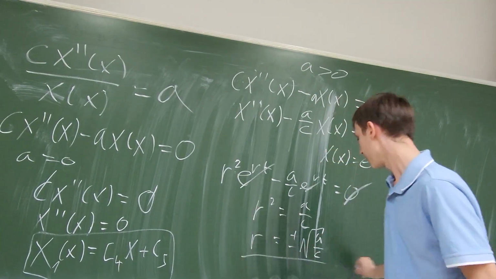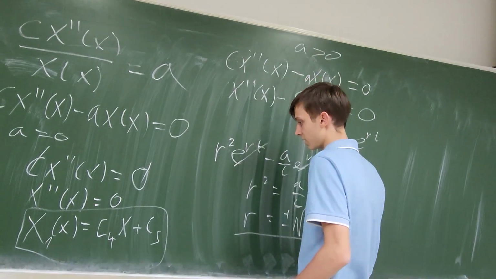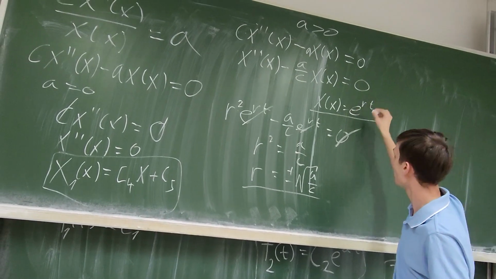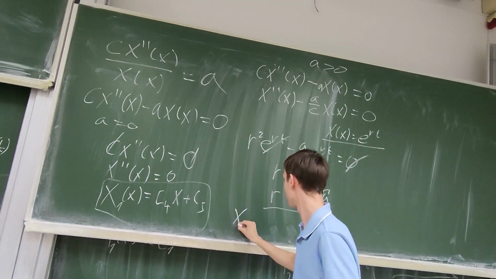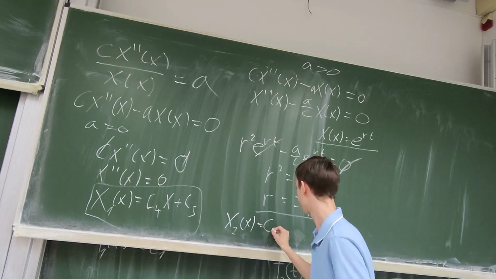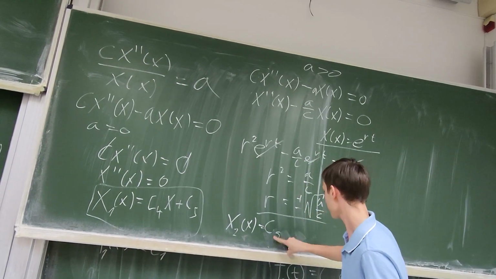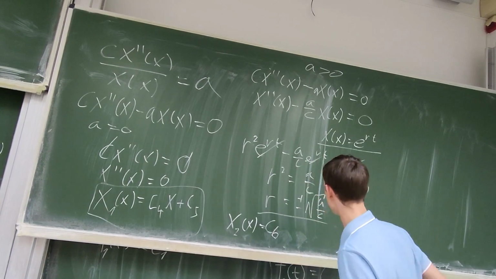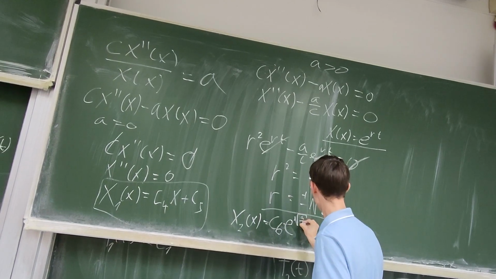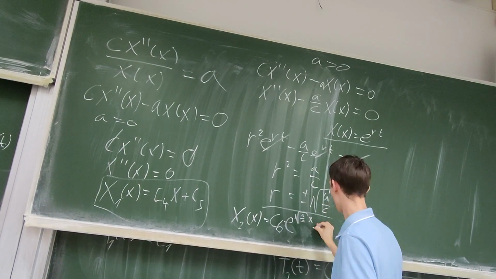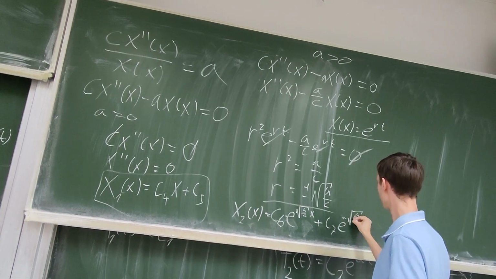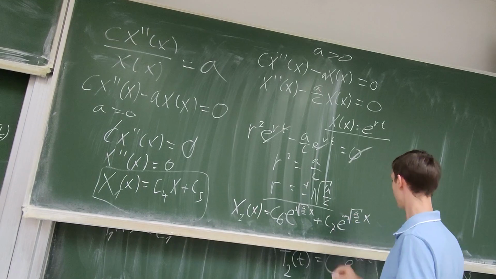And thanks to this r, this produces another solution, because the expected solution was this exponential e to the rt. That means that x2 of x, the second solution for x, will be, the biggest index was c6 so now it's c6 e to the positive square root of a over c times x plus c7 e to the negative square root of a over c times x, as follows.